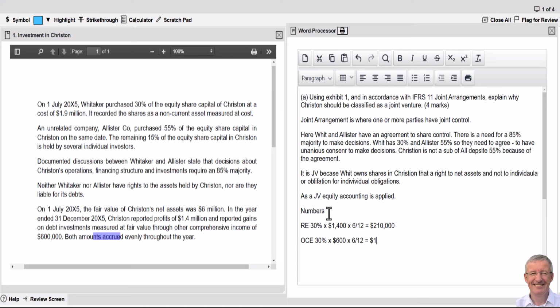Oh, my mental maths isn't good, is it? 30% of 300 is 90. So therefore, overall, we've got a total of 300,000. Now, maybe I could have put that in a table, would have been slightly neater, but I'm moving on.